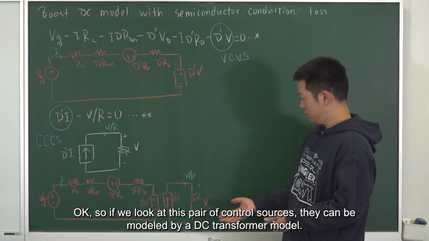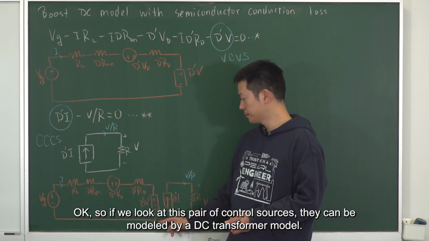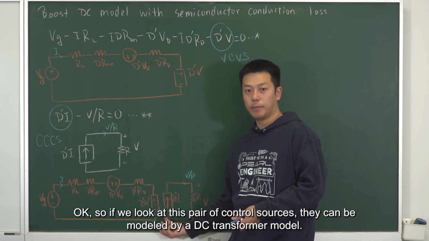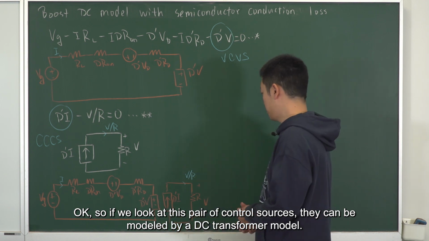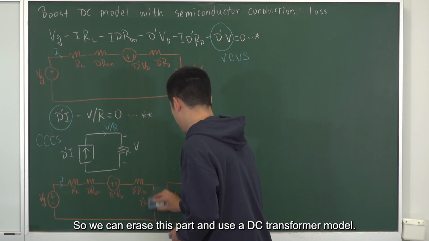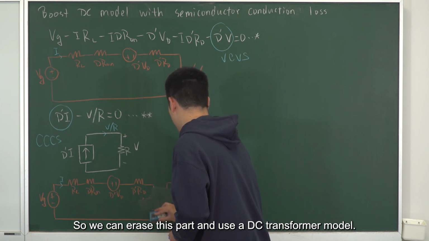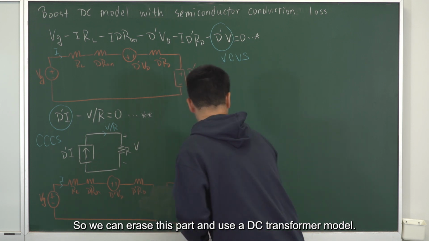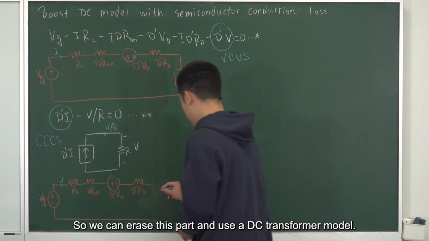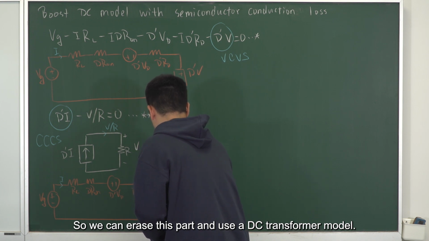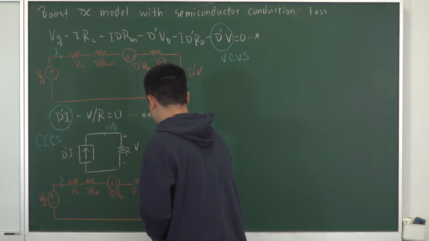Okay, so if we look at this pair of control sources, they can be modeled by a DC transformer model. So we can erase this part and use a DC transformer model.